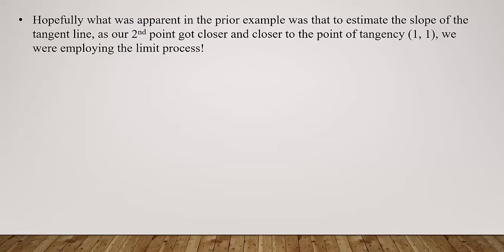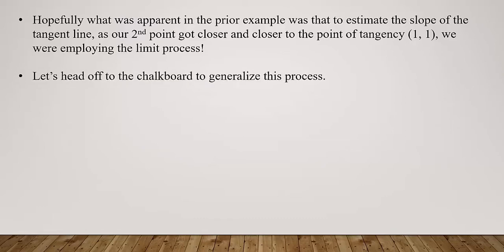We were letting the distance between our point of tangency 1, 1 and the second point get smaller and smaller. So to really generalize the process we did in that introductory example, I'm going to head back to the chalkboard.